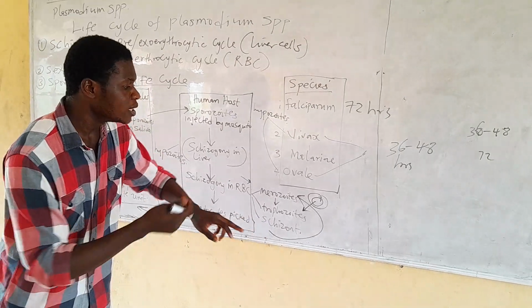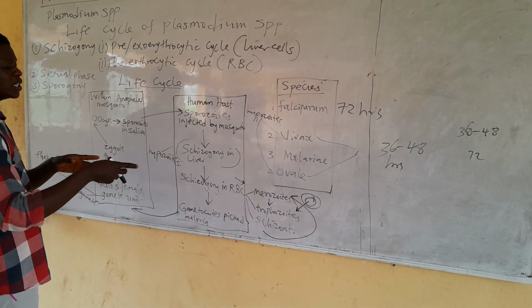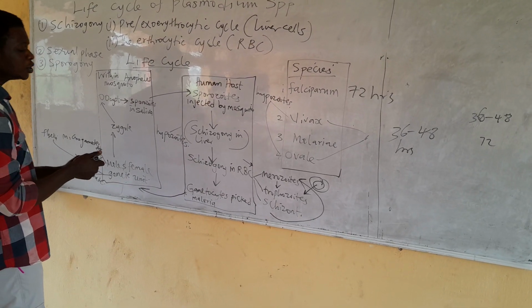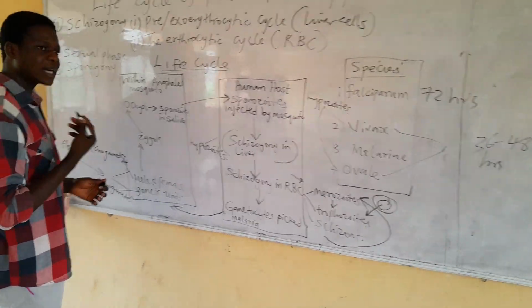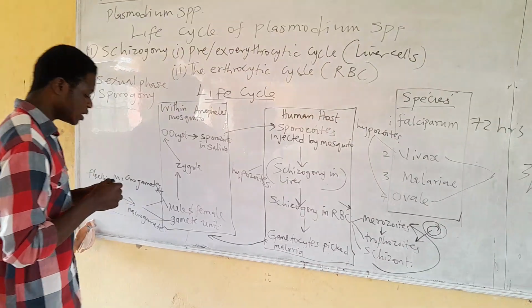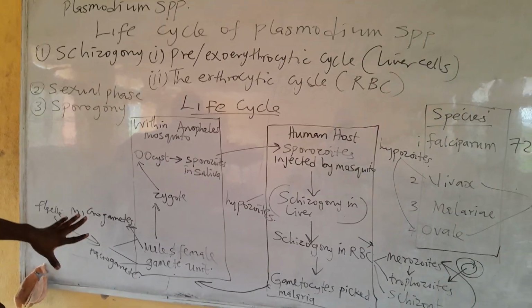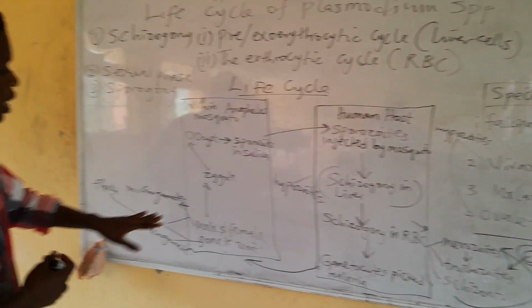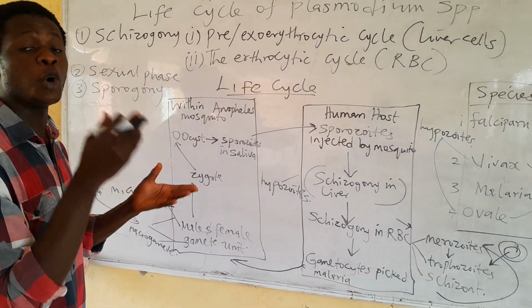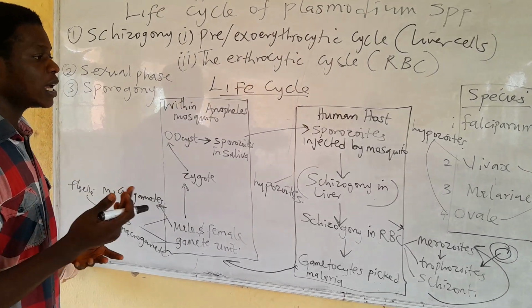Then the schizonts move back to merozoites, which reinvade the body cells and blood vessels of the human host, where the insect during a blood meal takes these gametocytes into its body. Then fertilization, that is cellular reproduction, happens inside the body of the insect by the fusion of the microgametes and the macrogametes. Then the zygote forms, then the oocyst, which is formed by the penetration of the ookinete. Then the oocyst produces sporozoites. That is it.